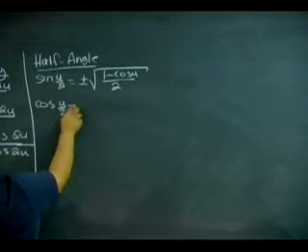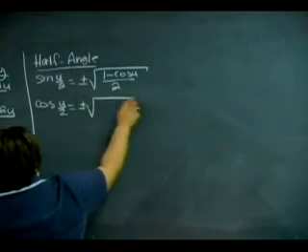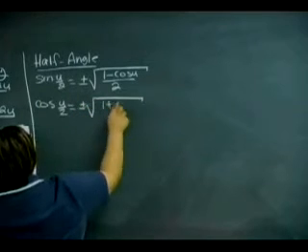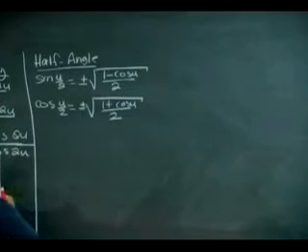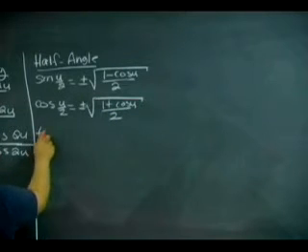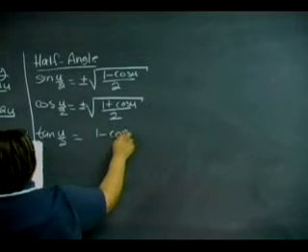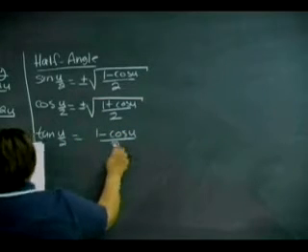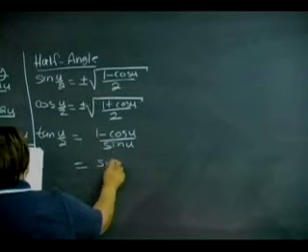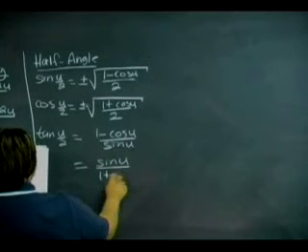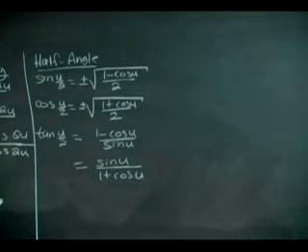Cosine u over 2 is plus or minus the square root of 1 plus cosine u over 2. And tangent u over 2 will be 1 minus cosine u over sine u, or sine u over 1 plus cosine u. So it has two forms.